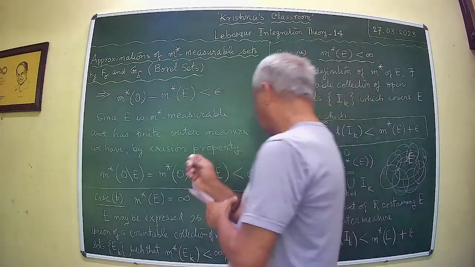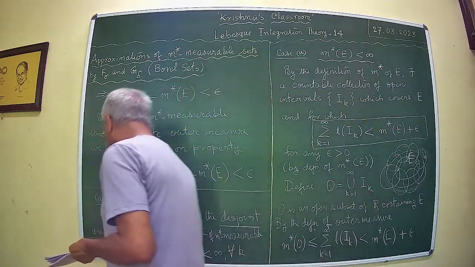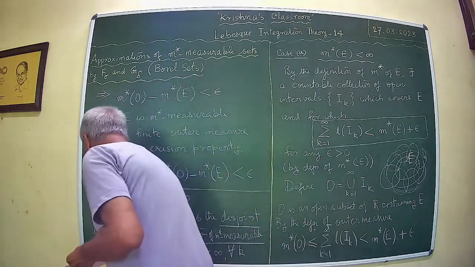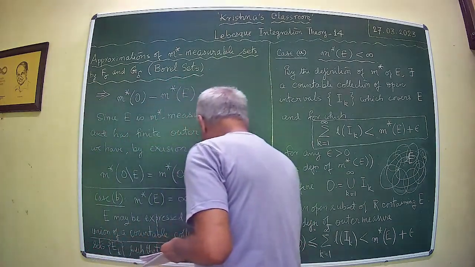So this is one of the results that we have: a countable collection of M star measurable sets such that this is finite.